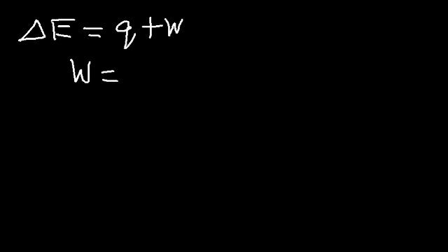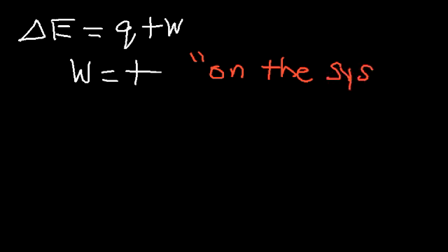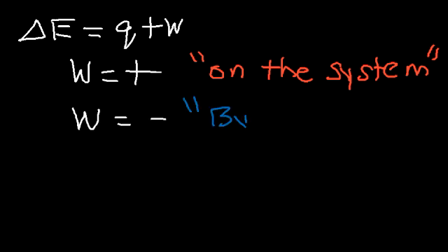Going back to this equation, delta E is equal to Q plus W. You need to know that W is positive when work is done on the system. And W is negative when work is done by the system. So when work is done on the system, it gains energy.